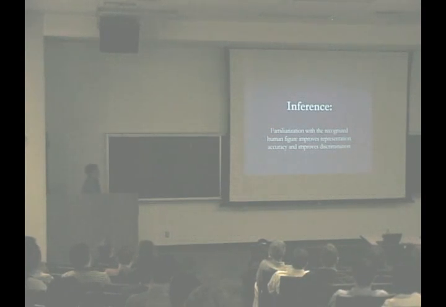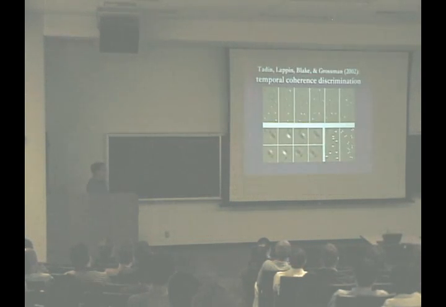This is the inference we made: familiarization with the recognized human figure improves the representation accuracy and improves discrimination. This is consistent with an earlier study by Tani. Because I'm running out of time, I'm going to run through this very quickly.